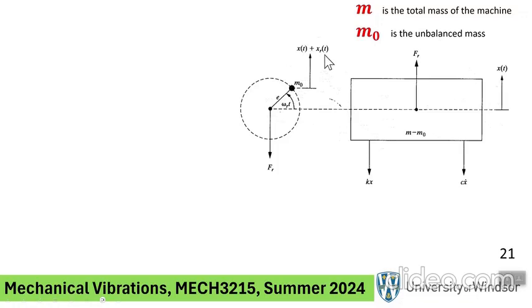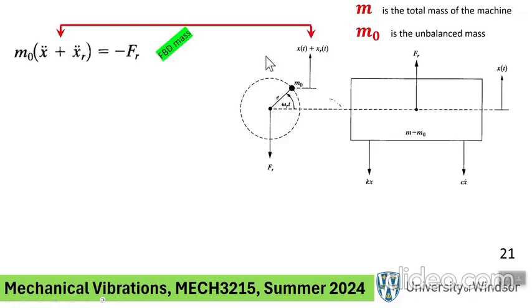Now, the vertical displacement of it is simply xr of t, which is going to be e sine of omega t, as you will see.